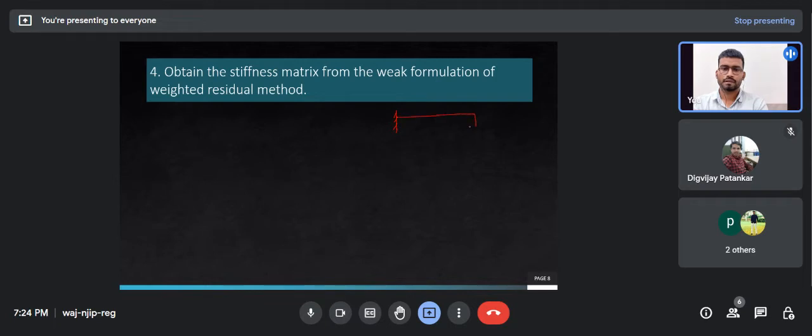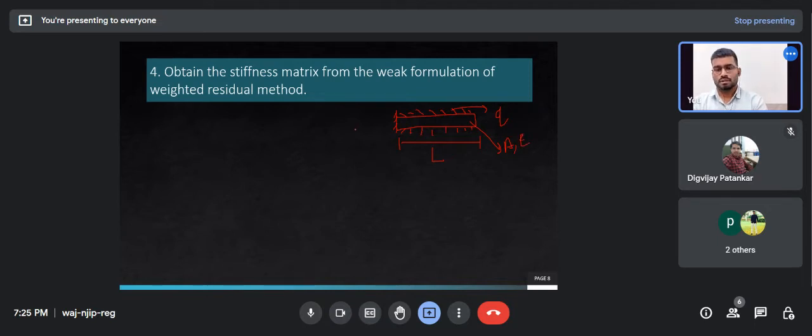the axial bar of length L, which is subjected to the traction force of amount Q, right, and E is the material property, A is the area of cross section, and L is the length.